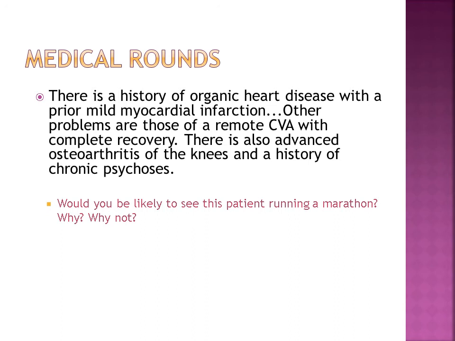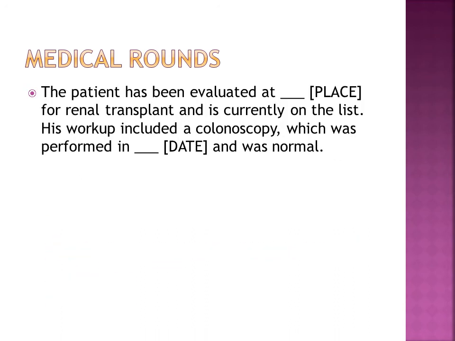The patient has been evaluated for renal transplant and is currently on the list. His workup included a colonoscopy, which was performed and was normal. Colon means large intestine. True or false? A colonoscopy is like a plain X-ray of the colon, where the results can only be viewed after development of an image and not during the procedure.